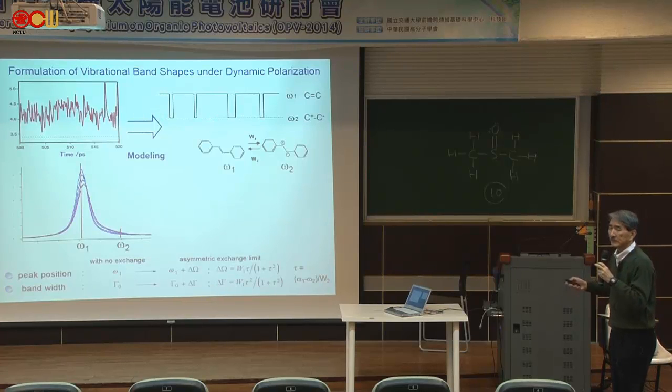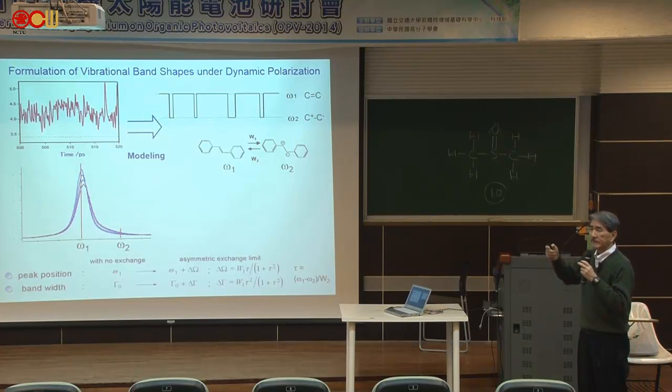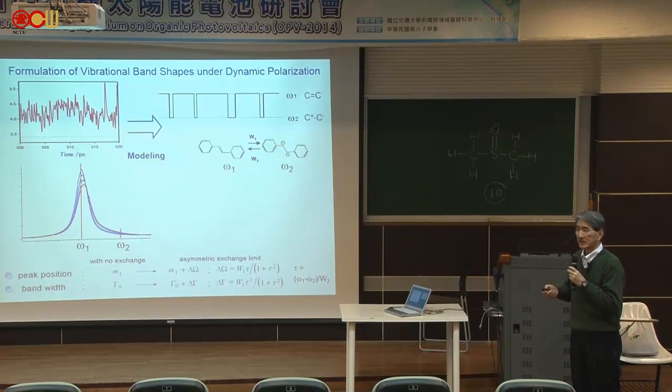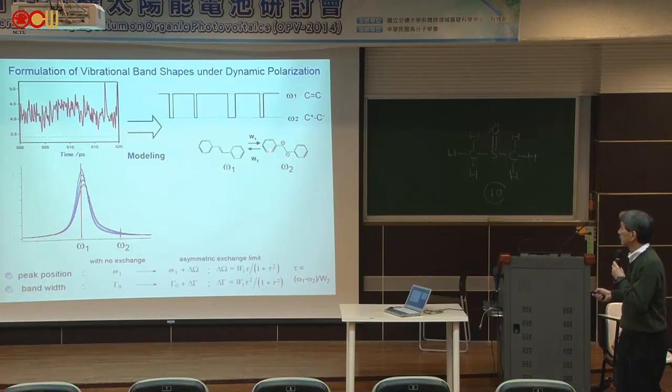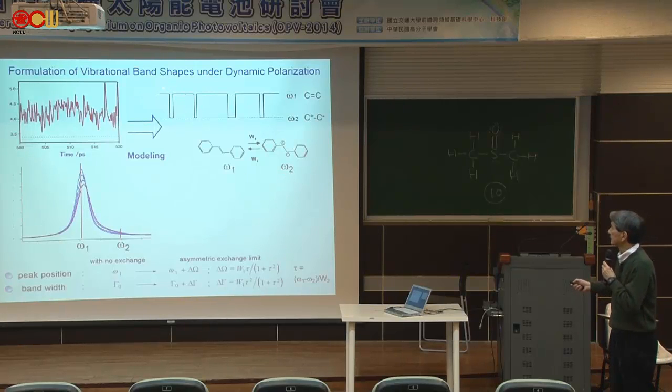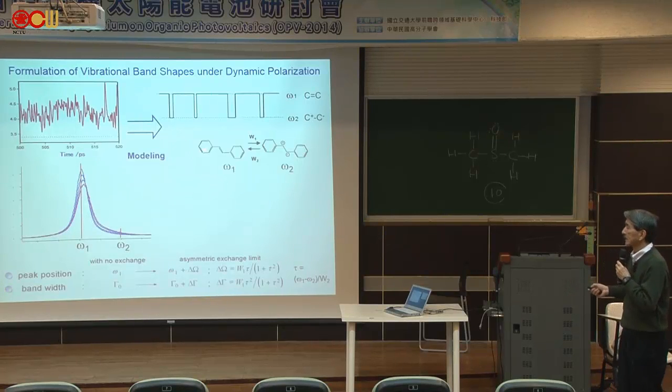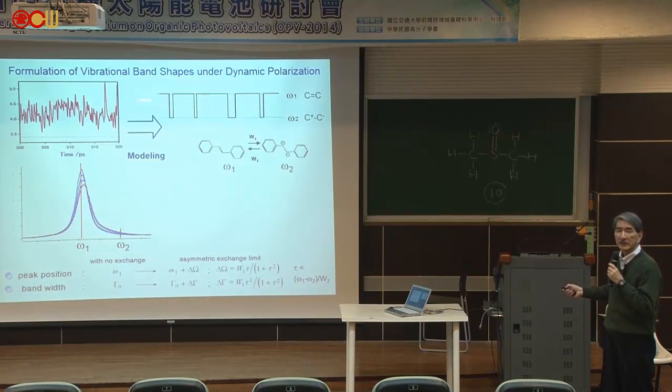But if the solvent comes closer and it favors the polarized structure, then it goes into this polarized state, and the frequency comes down to the single bond frequency. But if the solvent goes away, then it comes back to the double bond. So most of the time it is double bond, but occasionally it goes into single bond and comes back very soon to the double bond. This is a simple model.